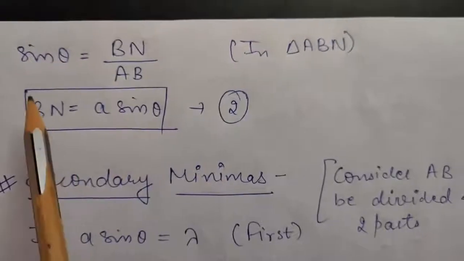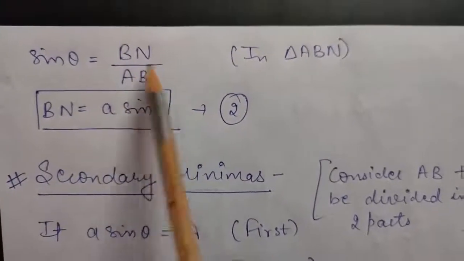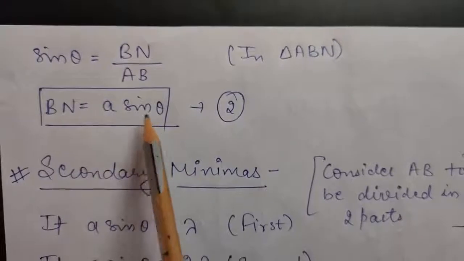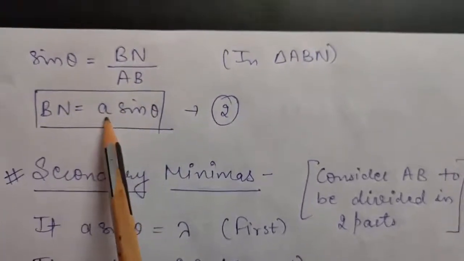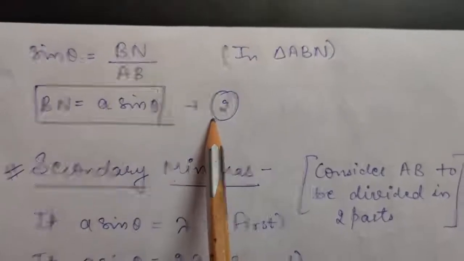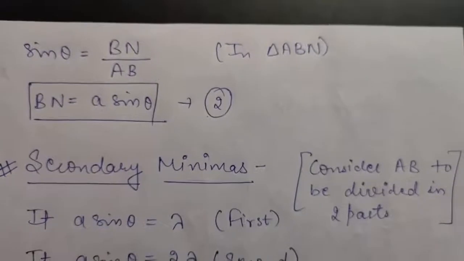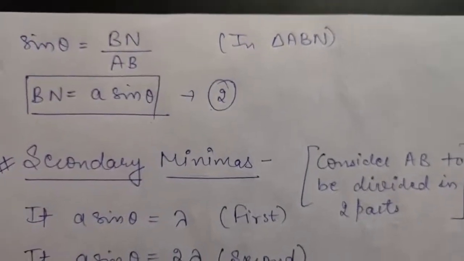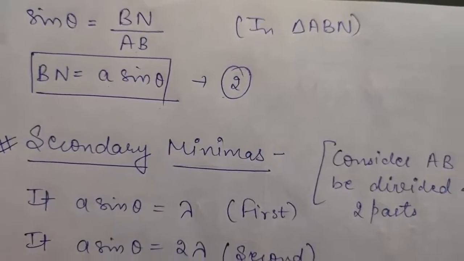So BN, your path difference, will be a sine theta, because AB is the width of the slit, which is small a. Mark it, second equation. This is the path difference between the light waves reaching P.